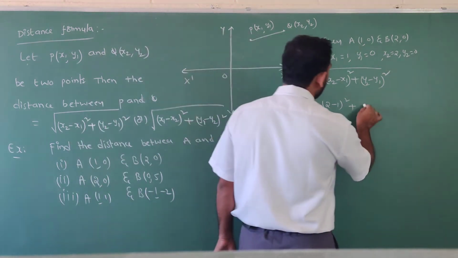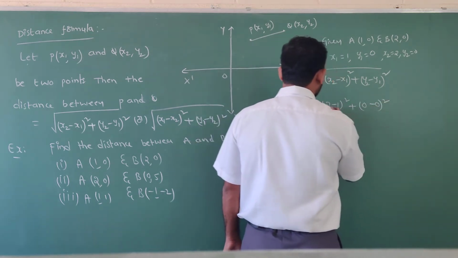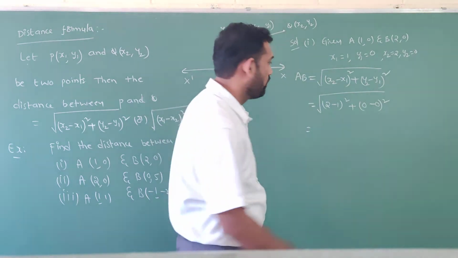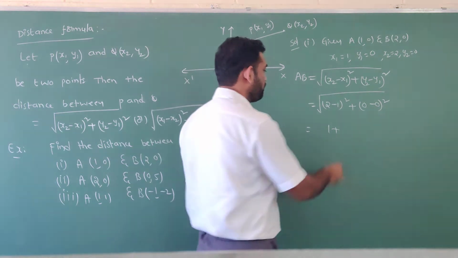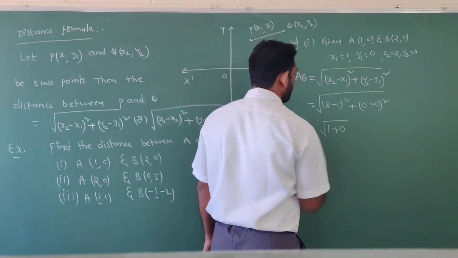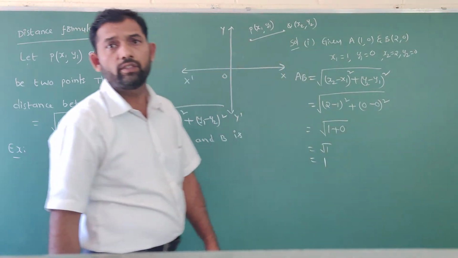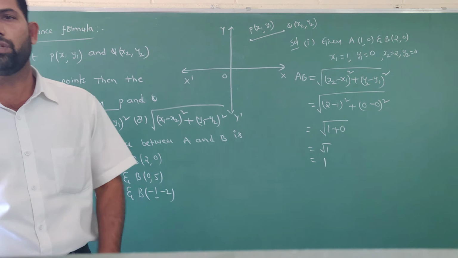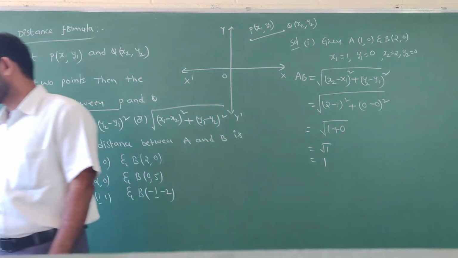Then y2 is 0 minus y1 is 0, whole square. 2 minus 1 whole square is 1, and 1 square means 1. 0 minus 0 is 0. Root over 1 plus 0 means root 1, and root 1 value is 1. Similarly, you have to simplify the second one and third one. This one you learn.